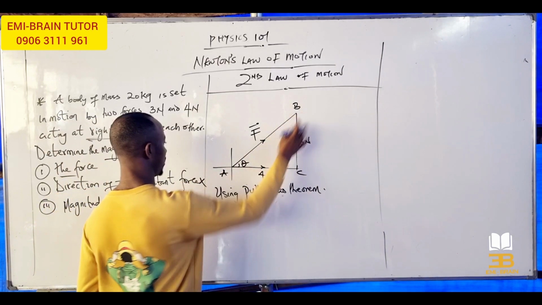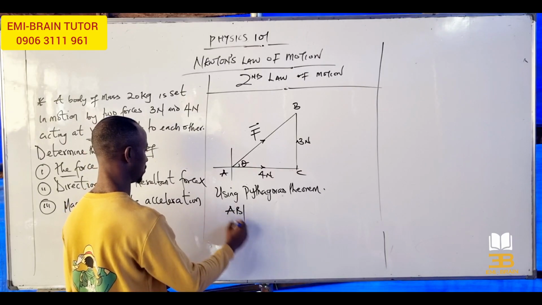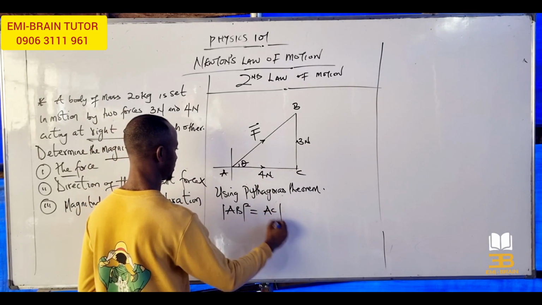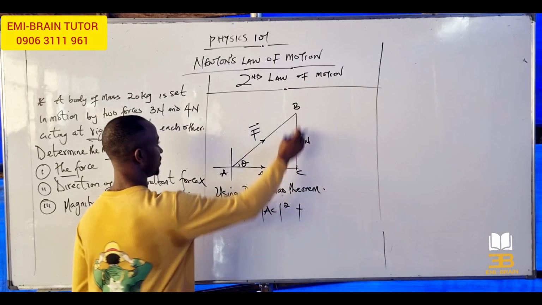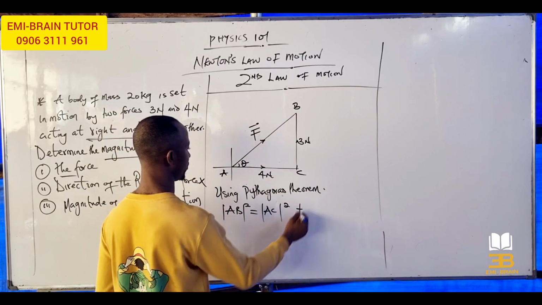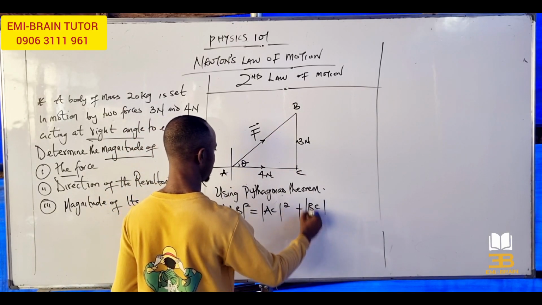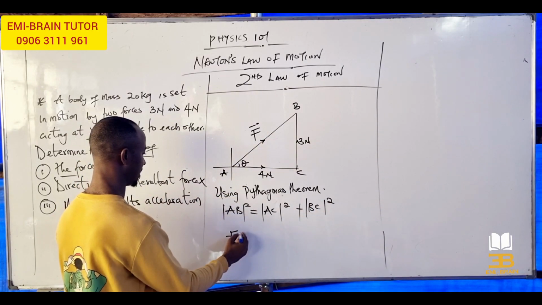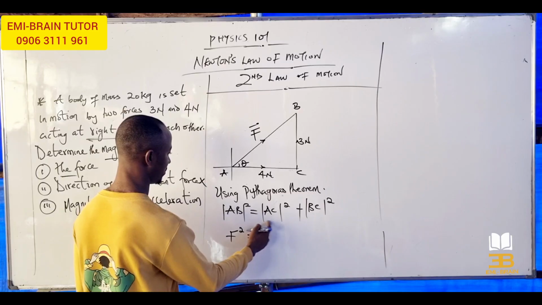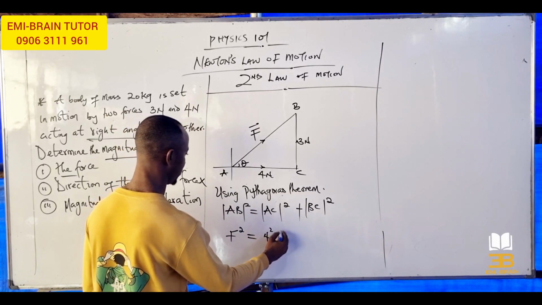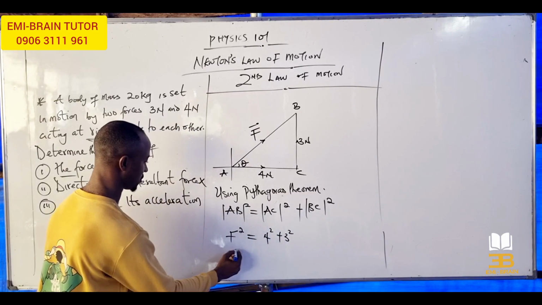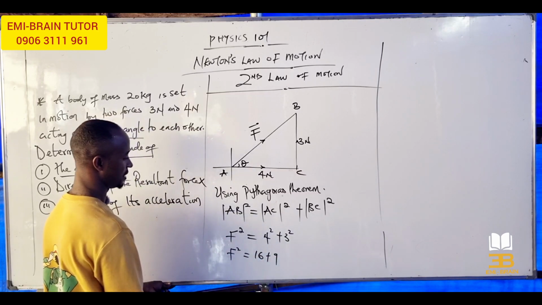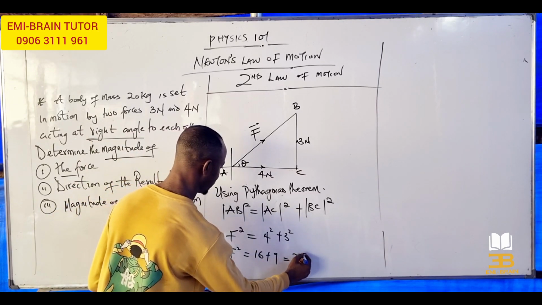That says the square of the hypotenuse, which is AB squared, equals the square of the adjacent, which is AC squared, plus the square of the opposite, which is BC squared. So our AB is the force, right? F squared equals 4 squared plus 3 squared. So F squared becomes 16 plus 9, which gives us 25.